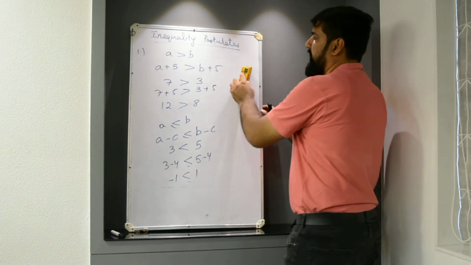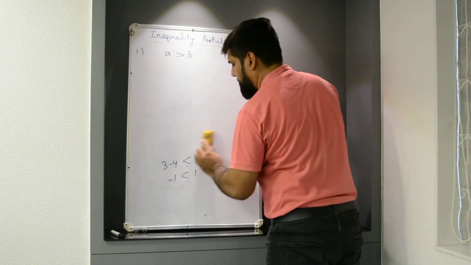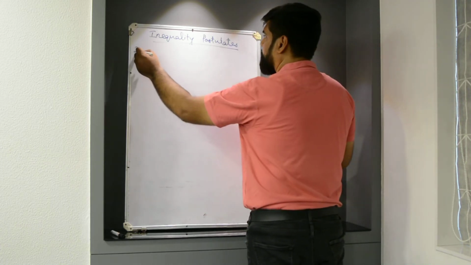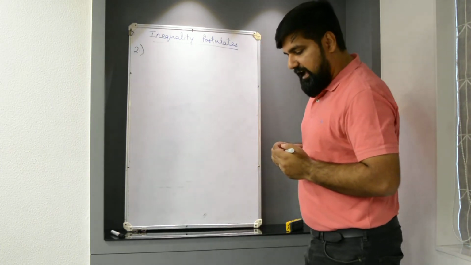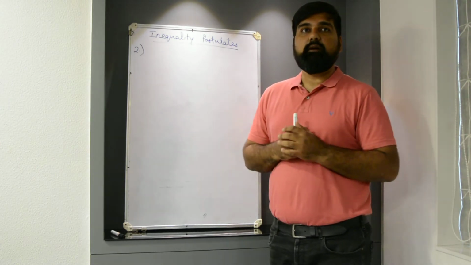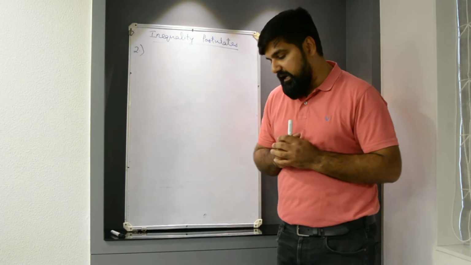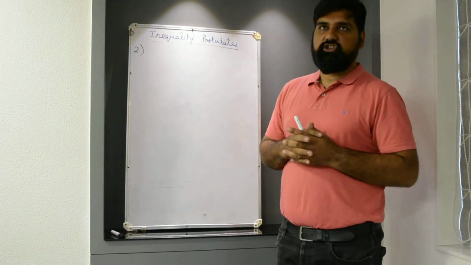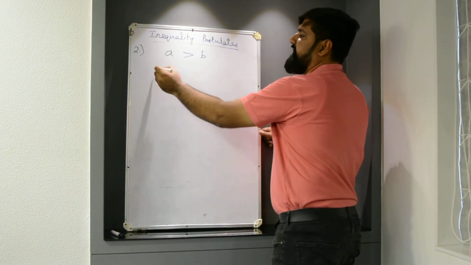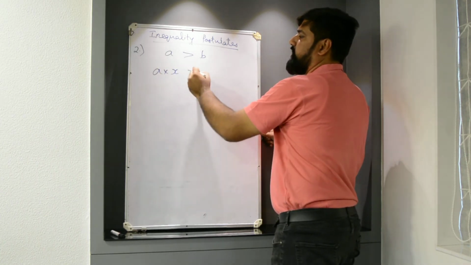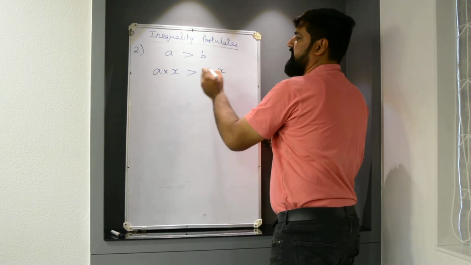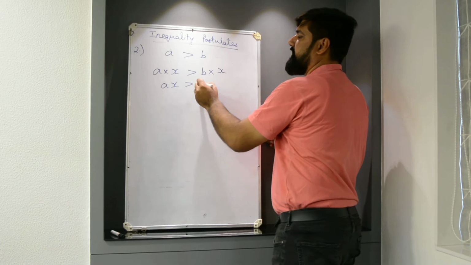Next, the second postulate. If we multiply or divide both sides of an inequality by a positive number, then the inequality does not change. If A is greater than B, and I multiply both sides by x, the inequality remains as it is.